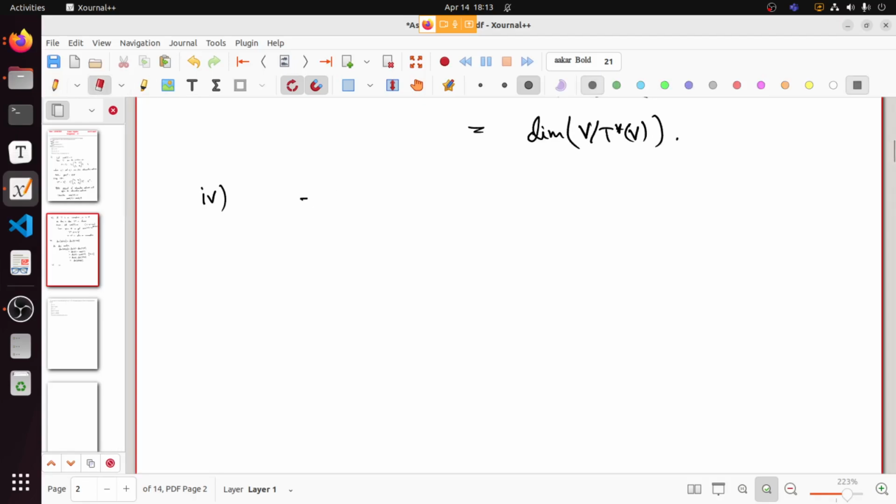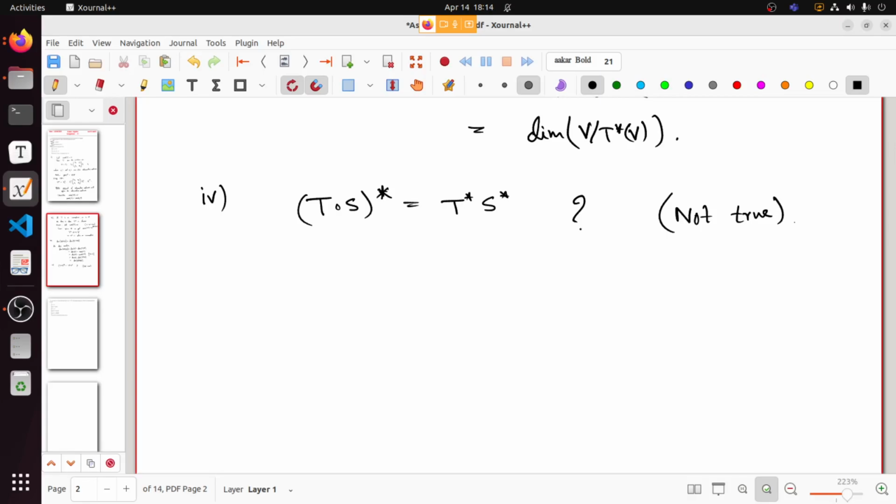What is it saying? (T compose S) adjoint is T star S star. So this is not true. We'll show that basically we will get S star T star, right?